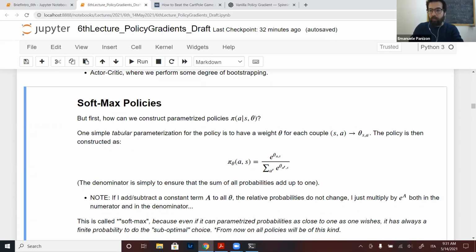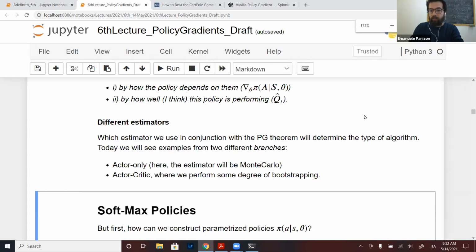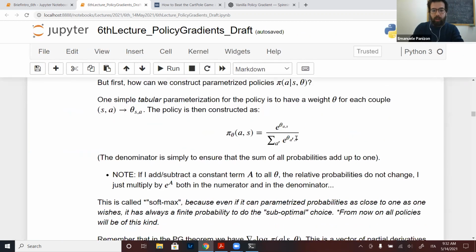Maybe I can, here, okay, divided by the sum over all actions of the exponential of the parameter for that other action and state. So the denominator is just there to make sure that the sum of all probabilities is equal to 1.